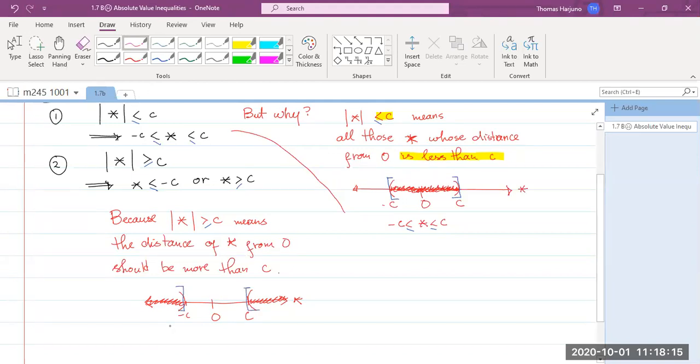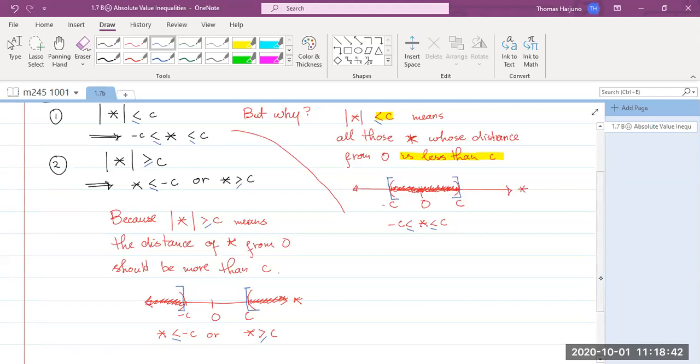Therefore, blah is either to the left of negative c or to the right of positive c, with an equal sign if the original absolute value inequality has an equal sign. So we do it with some understanding first.